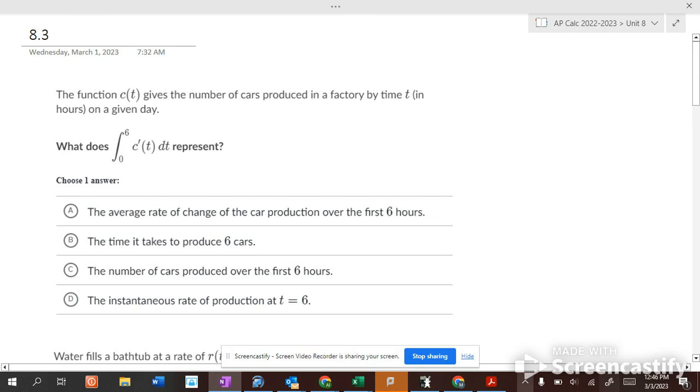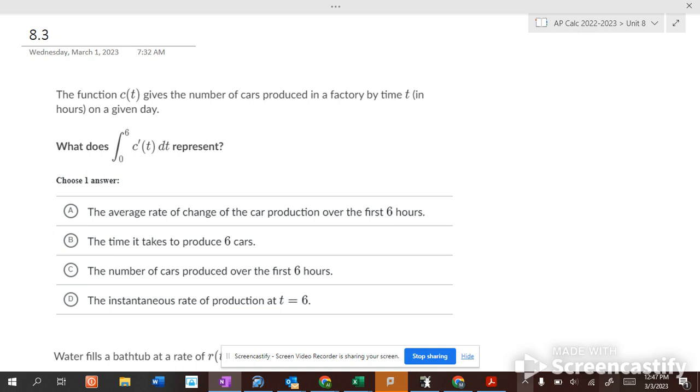Okay. Today we're doing integrals and word problem type things of what they mean. The function C of t gives the number of cars produced by a factory by time t on a given day. An integral gives you an amount.